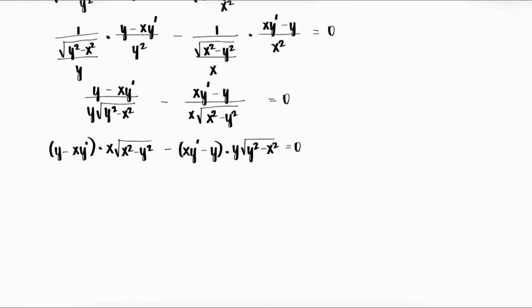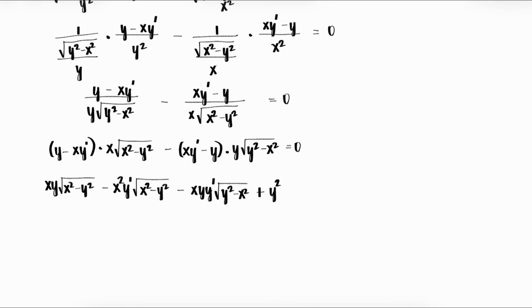Let's distribute. So that would be xy square root of x squared minus y squared, minus x squared y prime square root of x squared minus y squared, minus xy y prime square root of y squared minus x squared, plus y squared square root of y squared minus x squared equals 0.